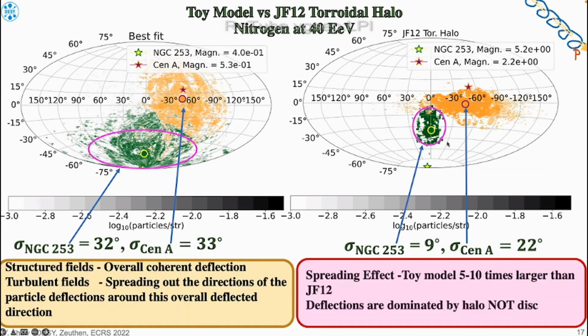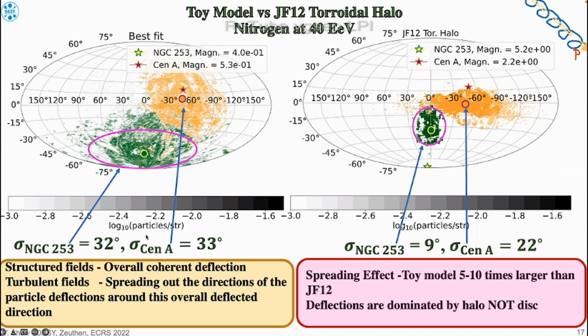And this basically links to a couple of things. One, if you have stronger structured fields, this coherent deflection would be much stronger, and that's what's seen in JF12. And if you have stronger turbulent fields, then you will have more spreading of cosmic rays. And that is what is seen from our toy model.